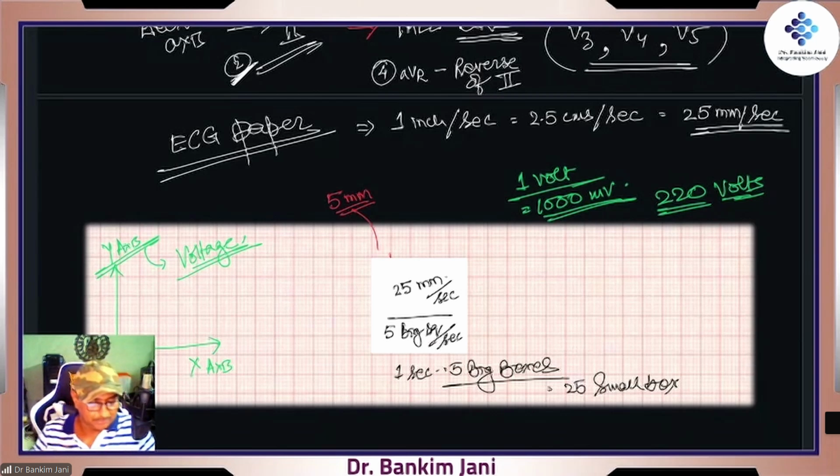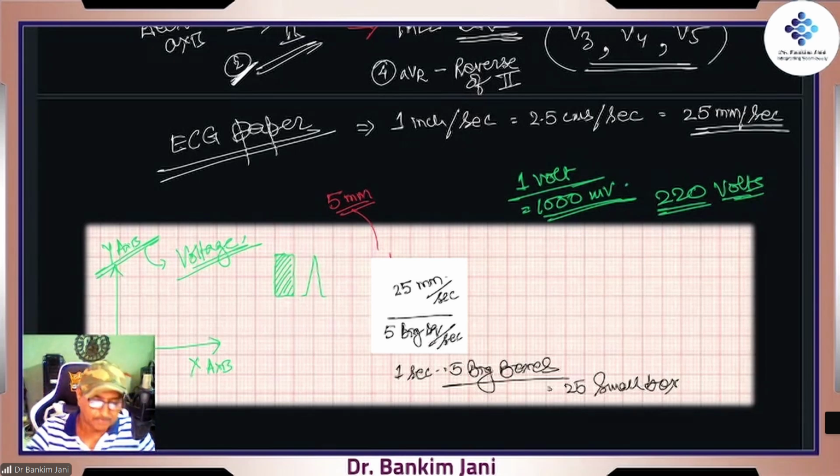1 millivolt. Right? So how is the calibration done? When a current of 1 millivolt comes, the deflection should be 2 boxes in the vertical plane. This much when it moves. It means when the current comes, you get this deflection.